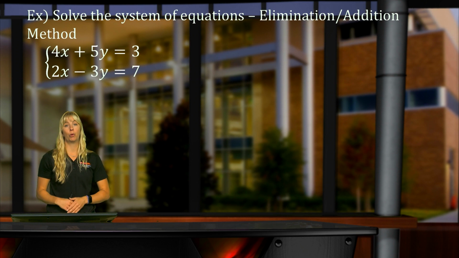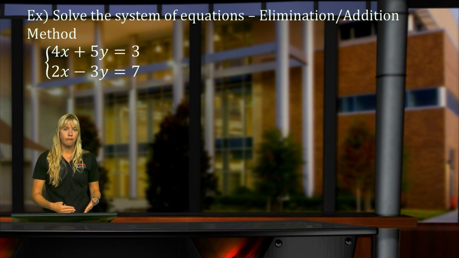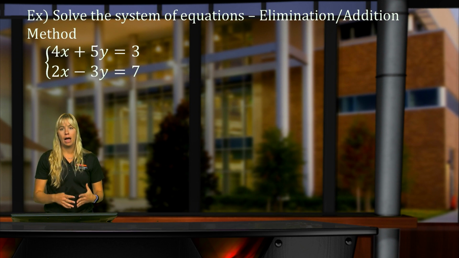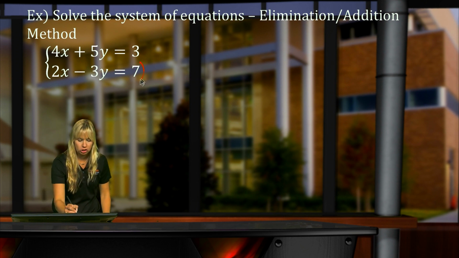Let's look at an example where we don't have additive inverses from the start. 4x plus 5y equals 3, 2x minus 3y equals 7. To start, we want to decide which of these variables, x or y, we want to eliminate. Looking at the coefficients and the signs, I'm going to choose x because I can simply take this second equation and multiply by -2.